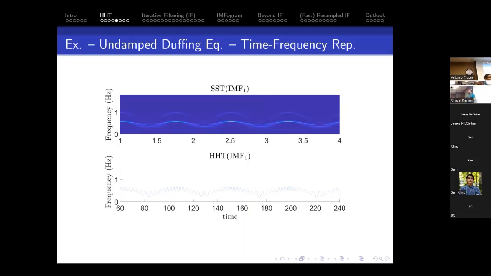So even if you decompose first, wavelets, synchrosqueezing, short-time Fourier transform are still going to produce this behavior. The reason is simple. All these techniques use predetermined bases which cannot capture the strong local non-stationarity in this specific signal.